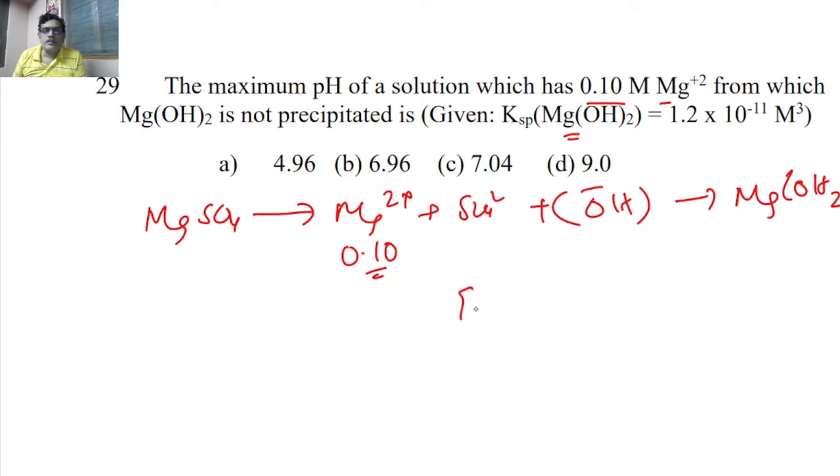The concentration of OH minus, you have to calculate it as S, and that will be 1.2 10 to the power of minus 11 divided by the concentration of Mg2 plus, so OH minus square.